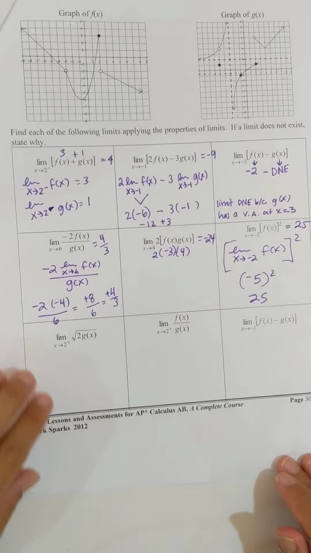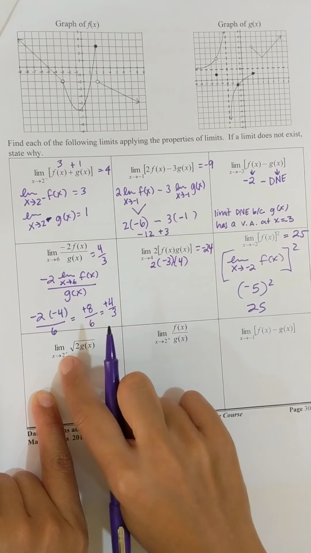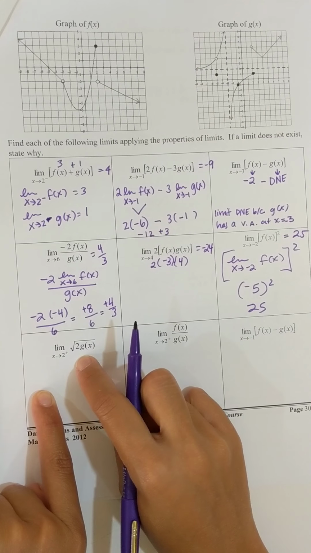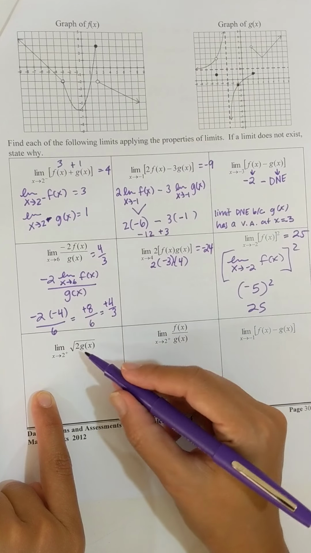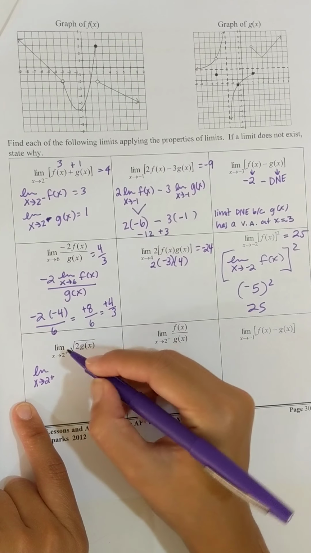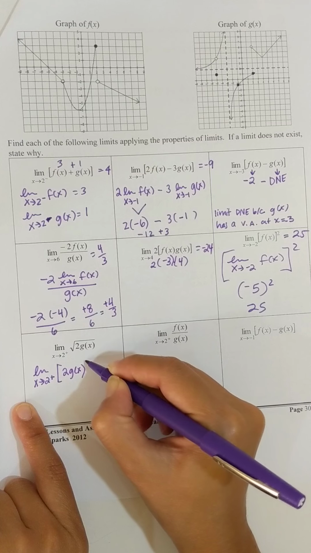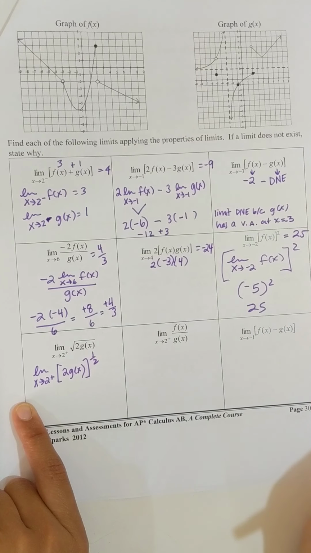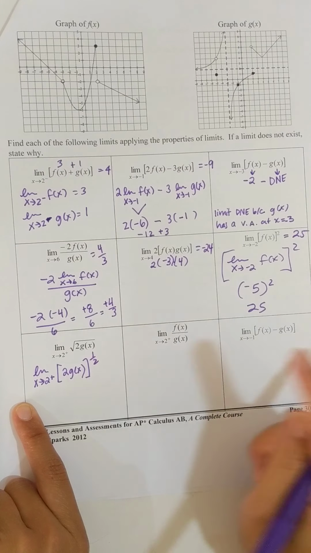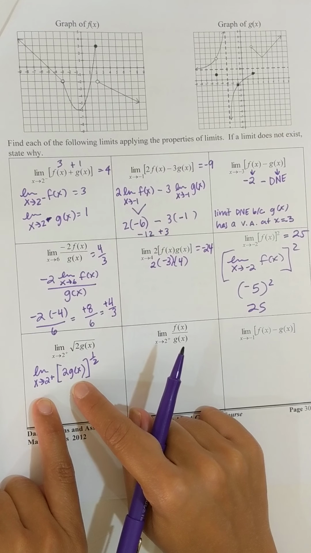All right, now we're going to look at a root. The limit as x approaches 2 from the right side, square root of 2 times g of x, okay? So I'm just going to treat that root like a power, so I can rewrite it like this. The 1/2. Okay, so now let's go ahead and figure this out. What is the value of the limit when x approaches 2 from the right of g of x?